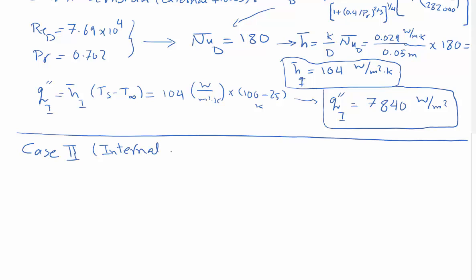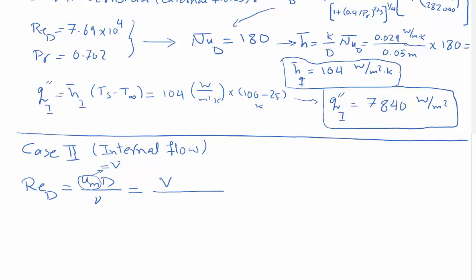Internal flow. Again, we have to find the Reynolds number for this case. The Reynolds number will actually be exactly equal to the value that we found for the external flow, and that's due to the fact that the definition of the Reynolds number for internal flow uses the velocity of the external flow.